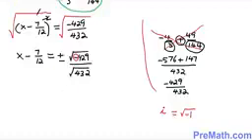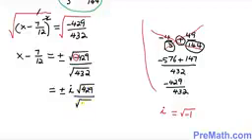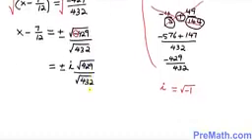So that's going to give you positive or negative i times square root of 429 divided by square root of 432. So far so good.